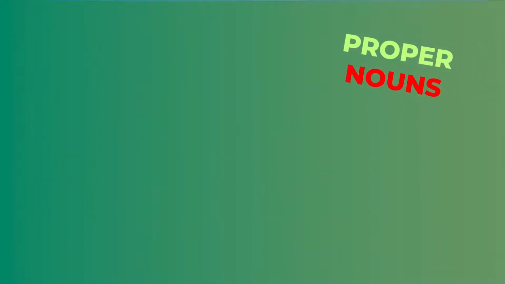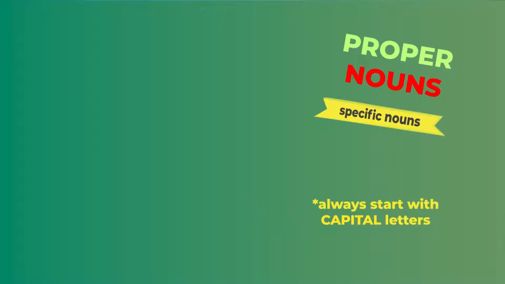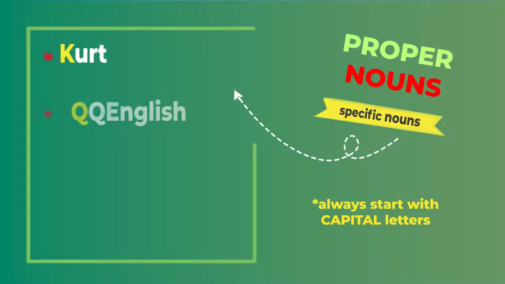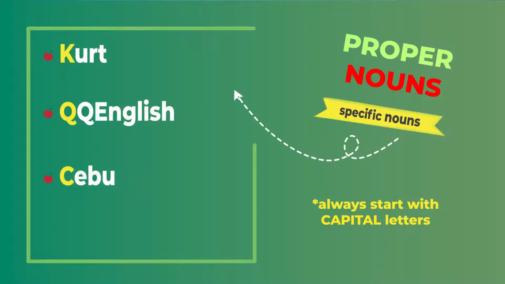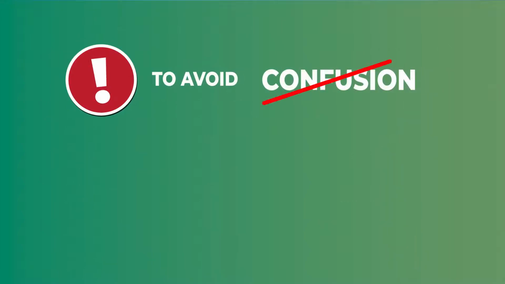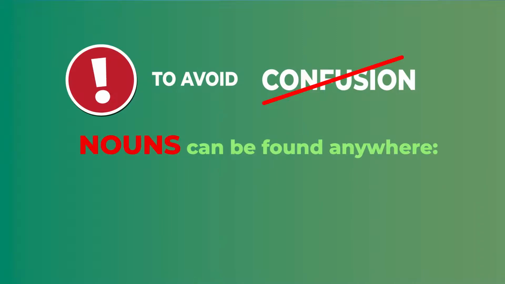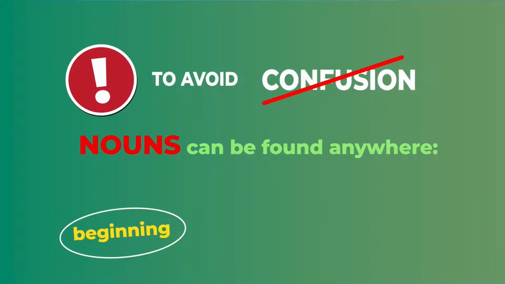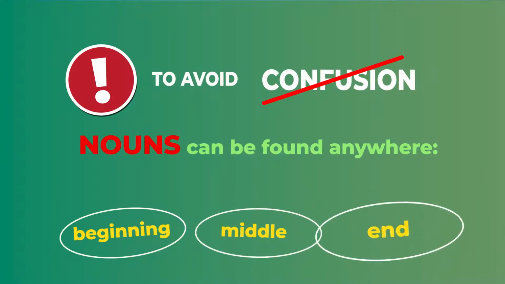Proper nouns, on the other hand, are specific names that always start with capital letters. For example, Kurt, QQEnglish, Cebu, China, Japan, Parker, etc. To avoid confusion, always remember that nouns can be found anywhere, beginning, middle, or end of the sentence.